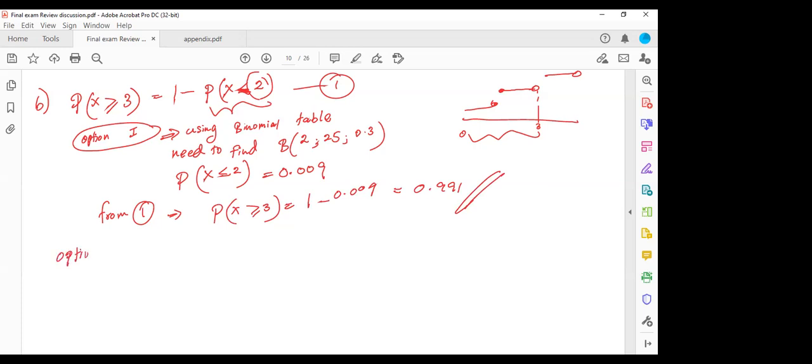Next one is option number two, using the binomial distribution.